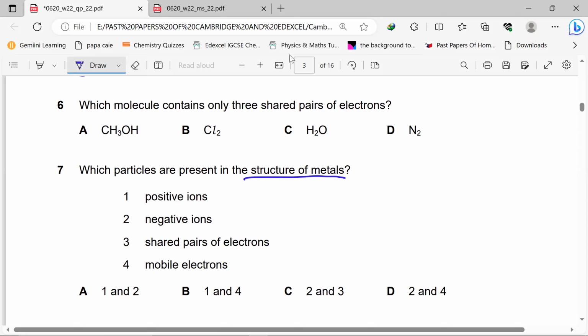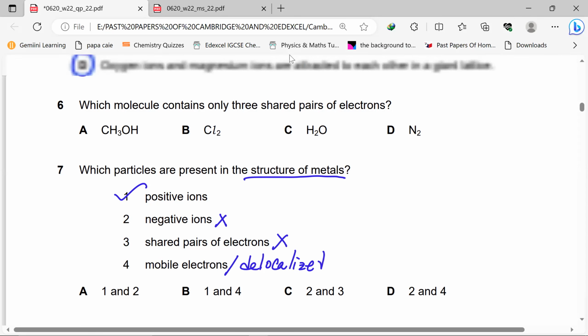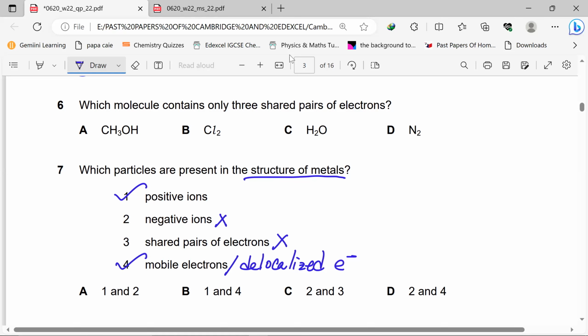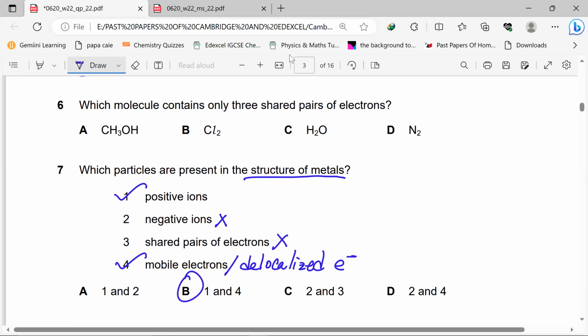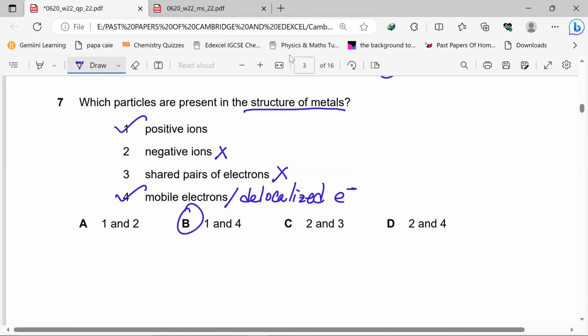Positive ions are present. Negative ions, we do not have any. Shared pairs of electrons, we do not have. Mobile electrons is the synonymous term for delocalized electrons. So this is also correct. 1 and 4 are the only correct answer. So this one is D, number 7 is B.